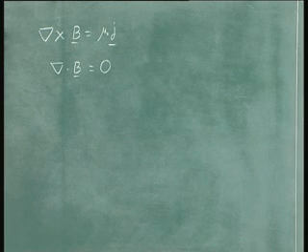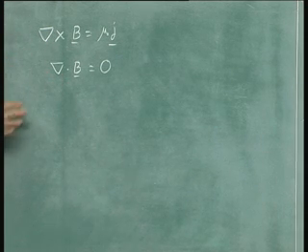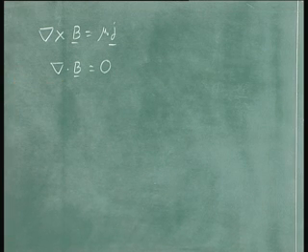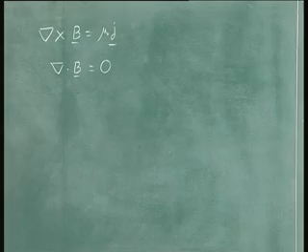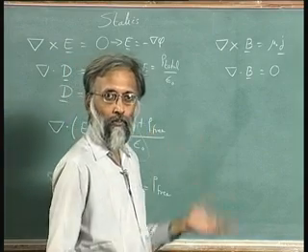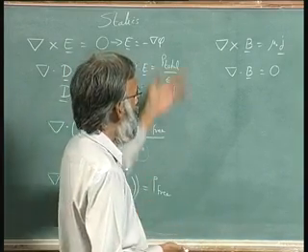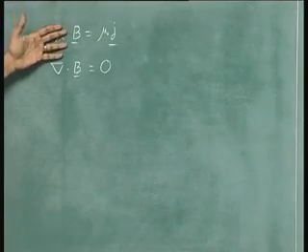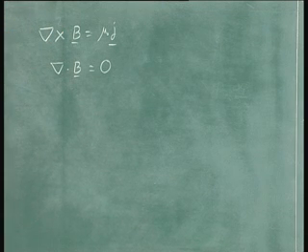Now, I discussed with you that the magnetic field is not a new field. In fact, if you go back and look through some of my older lectures, the magnetic field is nothing more than the electric field when you apply relativity to it. So, it's actually a side effect of the electric field.